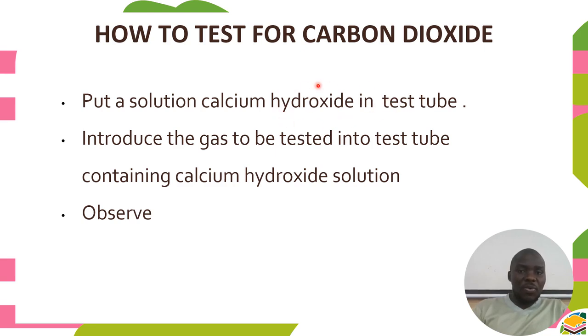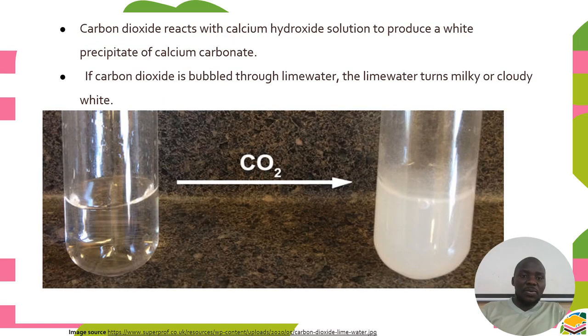There will be a reaction where you form a salt as well as water and a gas. So you collect that gas, and you also have another test tube containing calcium hydroxide solution. You introduce the gas which you have collected into the calcium hydroxide solution, like this one.